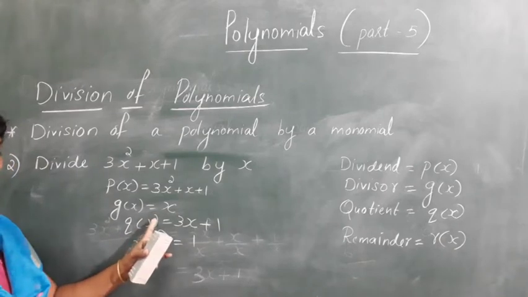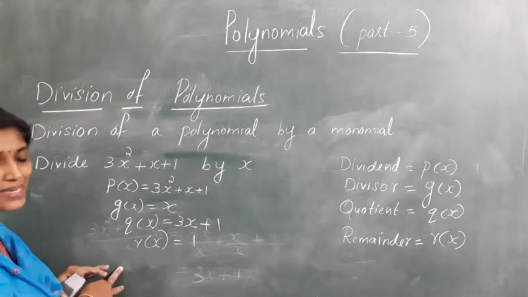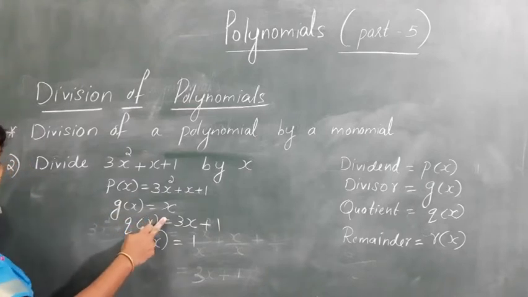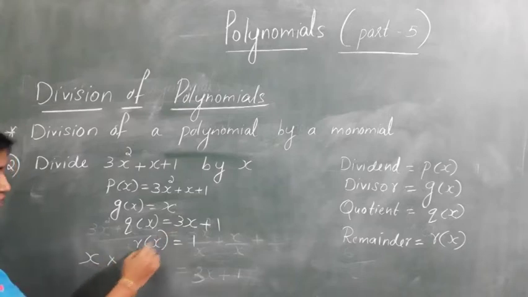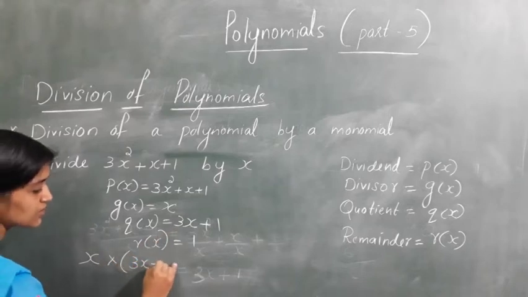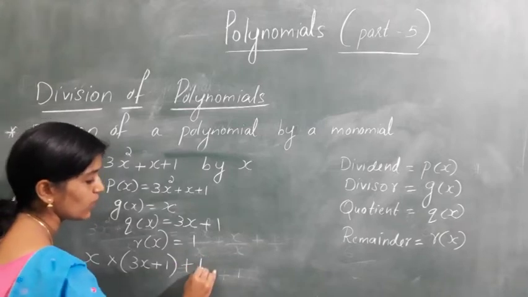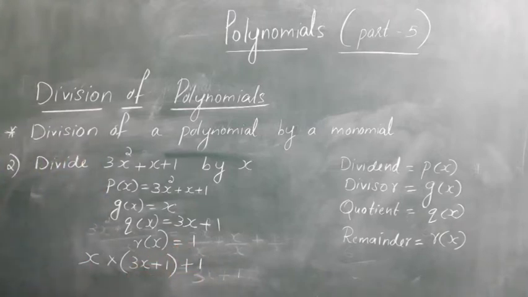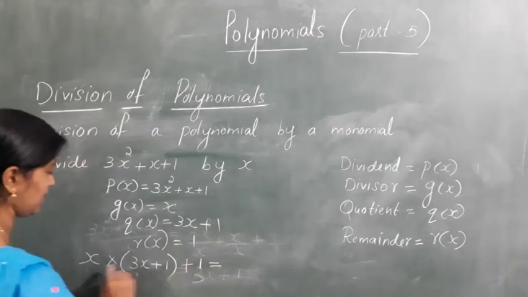Let's check here. We have to start from divisor into quotient plus remainder. What was our divisor? That is x into quotient 3x plus 1. What is our remainder? Plus 1. Remainder is 1. Divisor into quotient plus remainder. Multiply and see what we are getting.